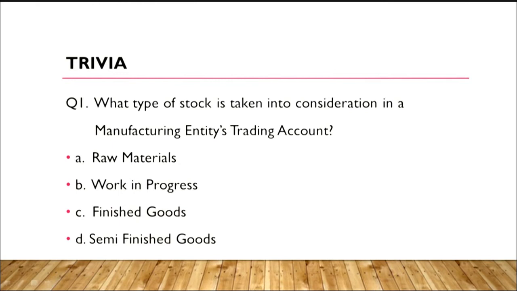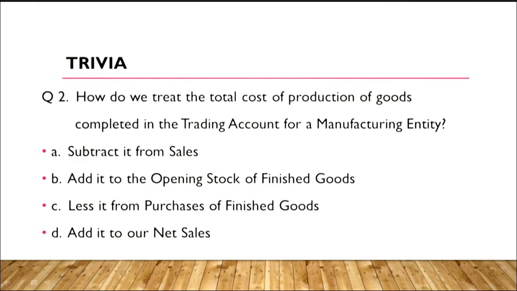The answer is coming up later. Here I have for you a second trivia. How do we treat the total cost of production of goods completed in the trading account of a manufacturing entity?